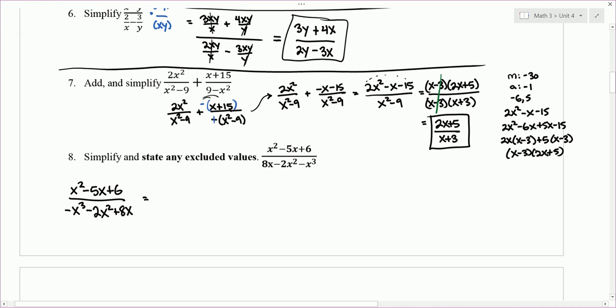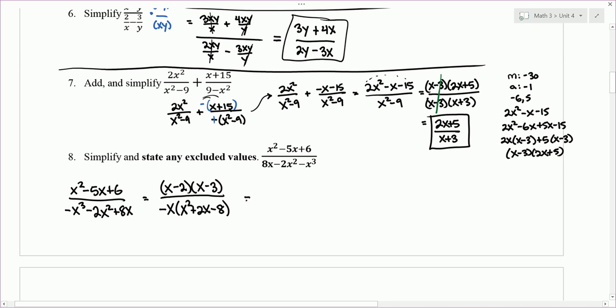In the numerator, we're looking for two numbers that multiply to 6 and add to negative 5. So we can factor this to x minus 2 times x minus 3. In the denominator, notice we can divide all our terms by negative x. And we're left with positive x squared, positive 2x, negative 8.